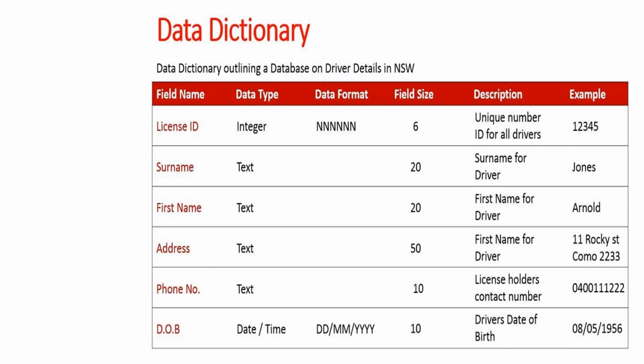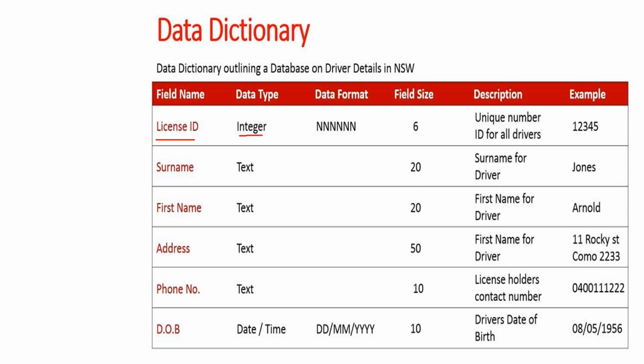You will see here, let's say this is the field name, lesson ID. So what is the data type? The data is integer, meaning that it can be a number and can also be alphabet.